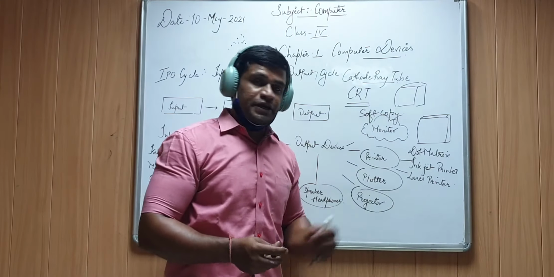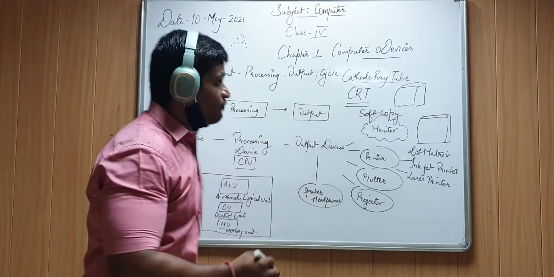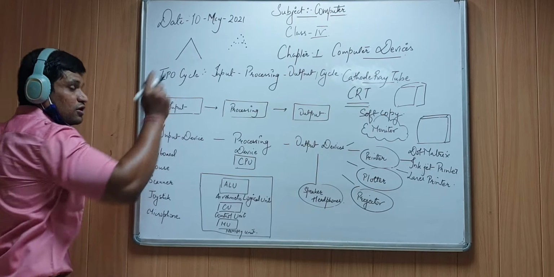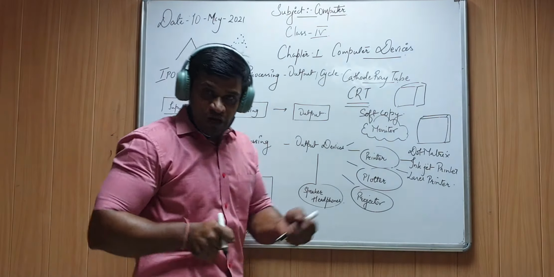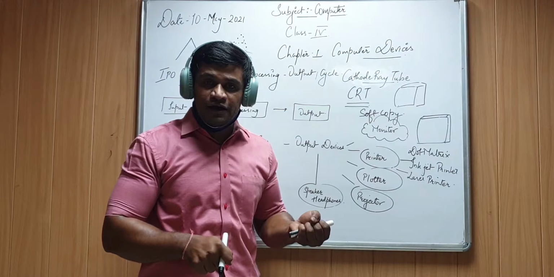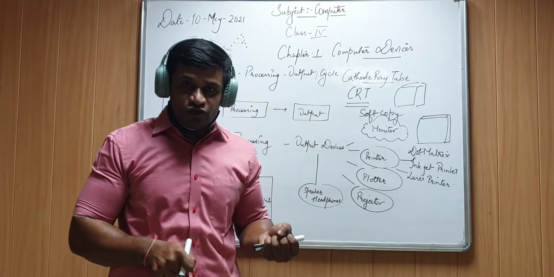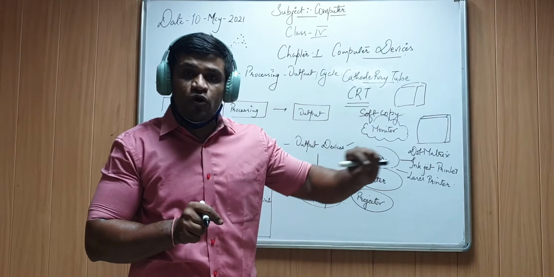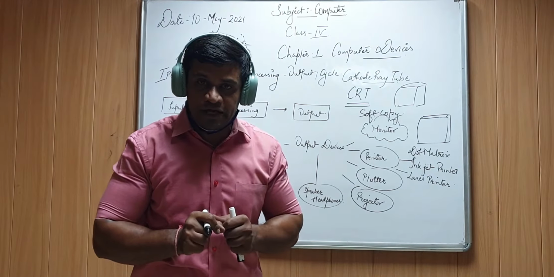The inkjet printers were the printers which print in the form of straight lines because they spray the ink. You have used pichkari in the Holi, yes or no? So you know na, by using the pressure, stream of water is being sprayed out of the pichkari.